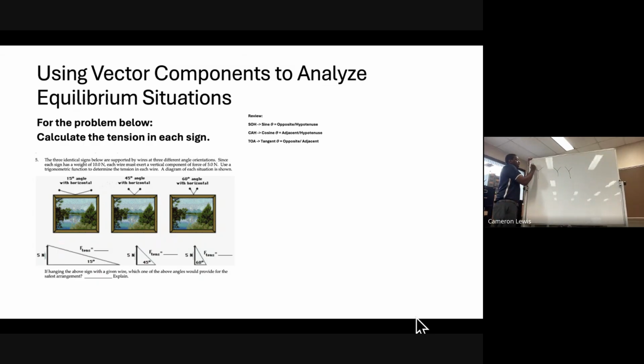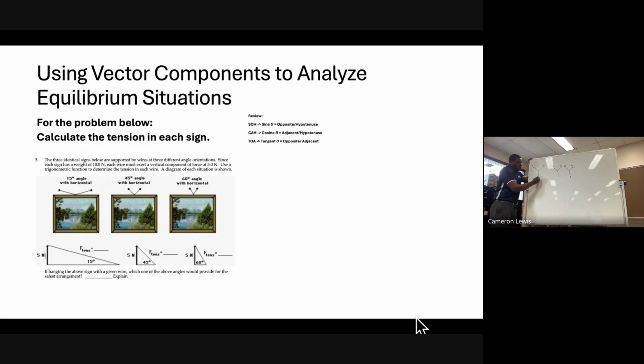On each string we have some type of wire that has an equal tension, correct? Then what do we have going down? Gravity.